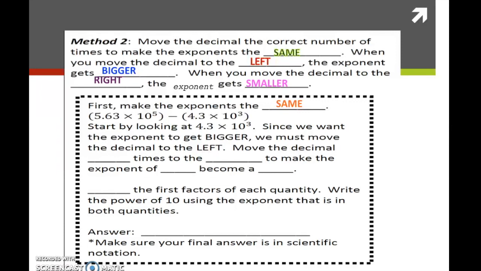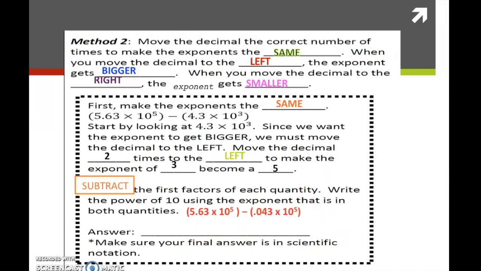So since we want to do that, we are going to move the decimal to the left, 2 times, to make the exponent of 3 become the exponent of 5. Hope that's making sense. Next, we are going to subtract the first factors of each quantity.